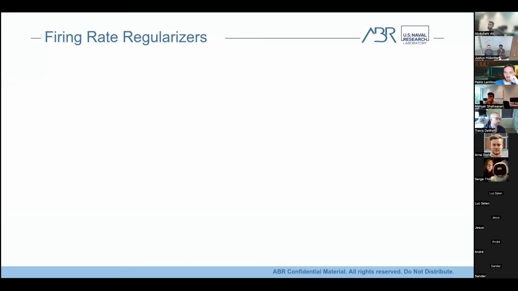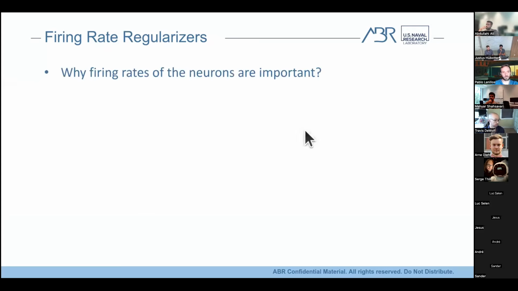The first is that you're going to want to retrain your network with noise in the neuron activation functions, because with spiking neurons the output is noisy, and you want your network to be robust to that downstream, so you add noise to the activation function. The other side of it is we need firing rate regularizers. Backing up, why are firing rates of the neurons important?